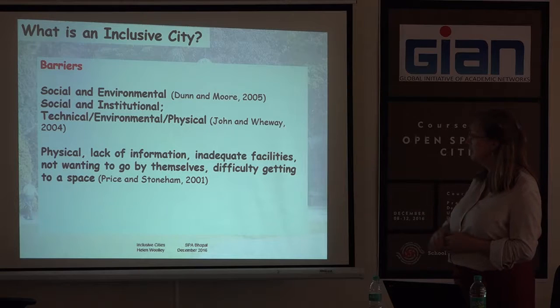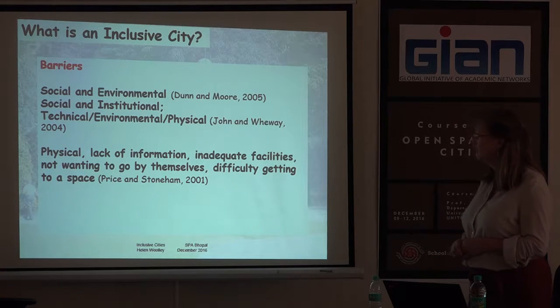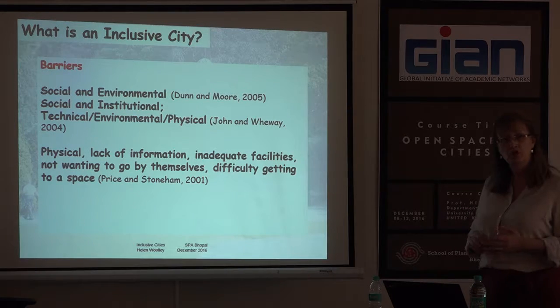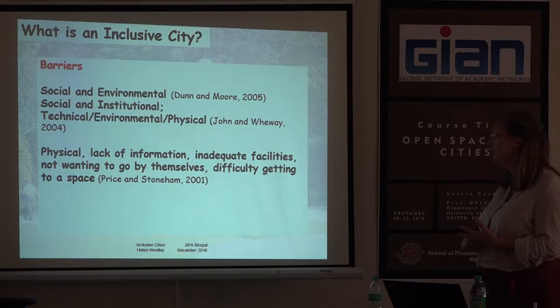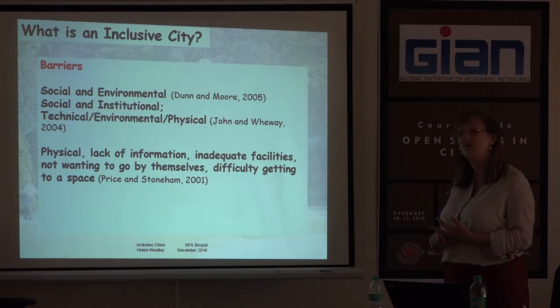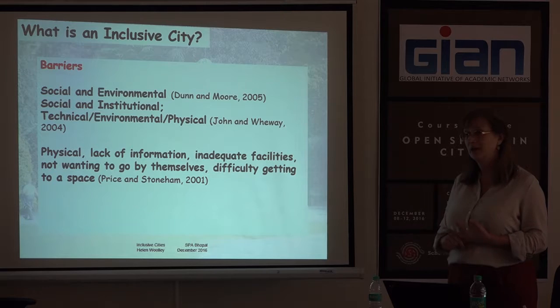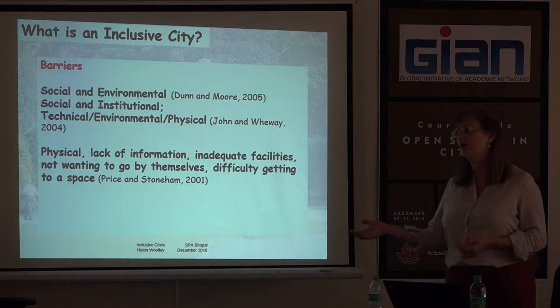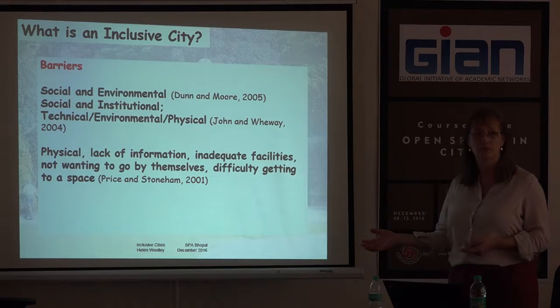Another piece of research done by a charity was asking what are the barriers for disabled people, and they were saying it's physical. But another really important one when people might want to go and use a park or a green space is lack of information. Do they know what there is in a park? Therefore, is it worth them even making the effort to go there?